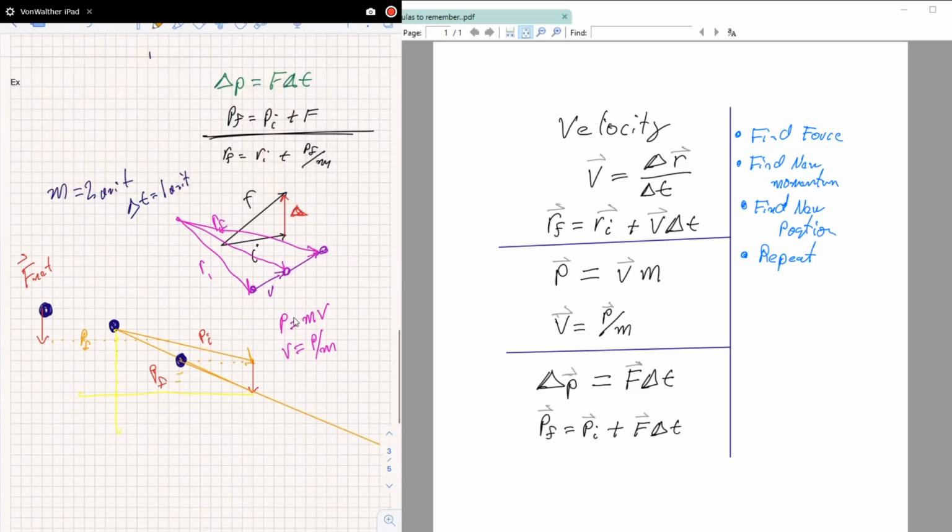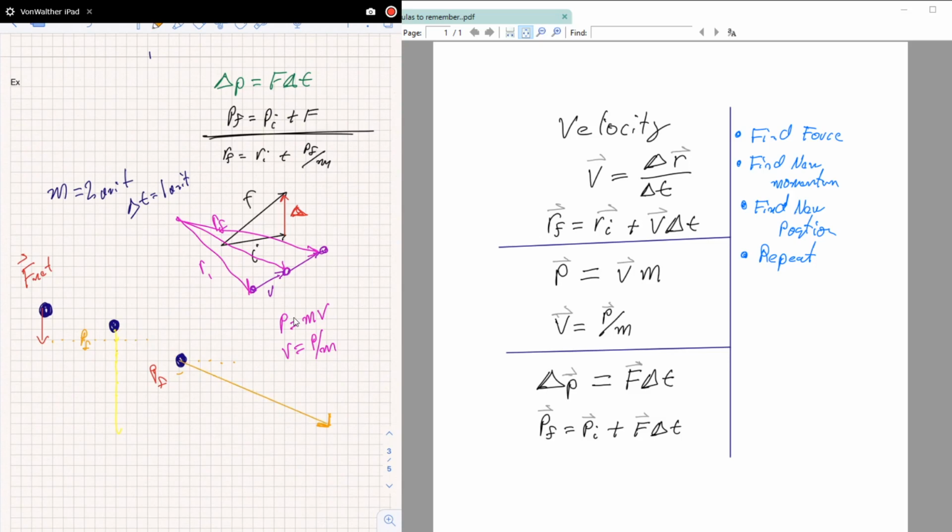So 1, 2, 3, 4, 5, 6, and come over, and there is our new momentum. Again, I'm just going to get rid of the extra information. You won't have the luxury of being able to erase as easily as I do. Okay, so there's my new momentum.